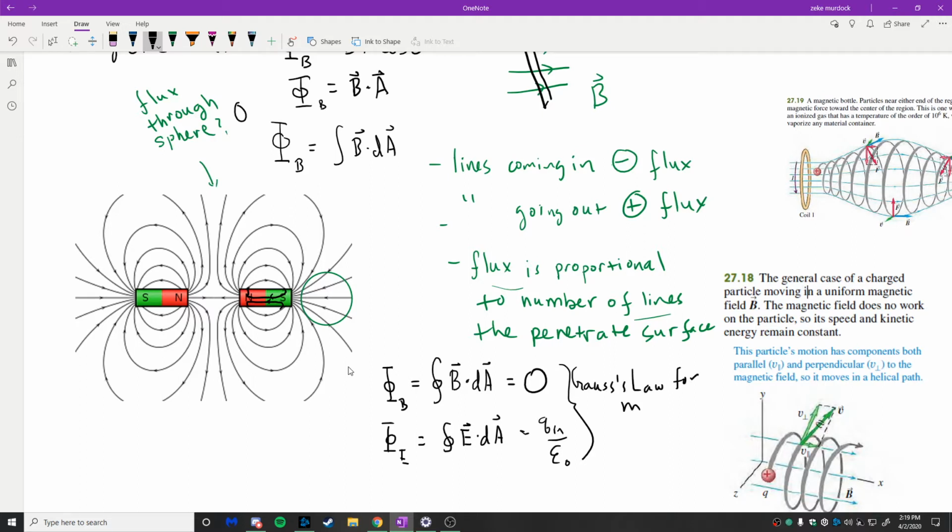It says that the net magnetic flux through any closed surface is always 0. They're both Gauss's law, but this one is Gauss's law for magnetism. It's the second of Maxwell's equations that we learned about in this class.